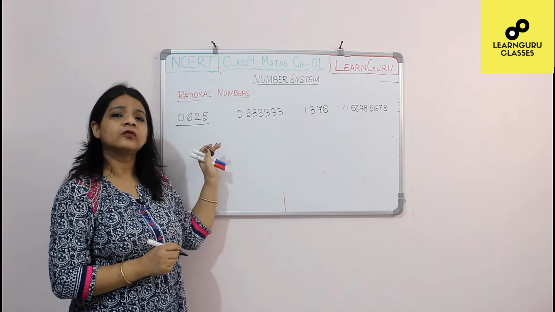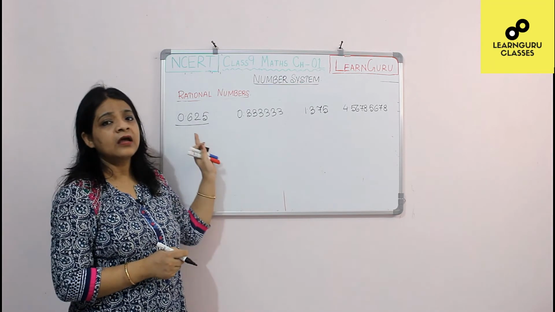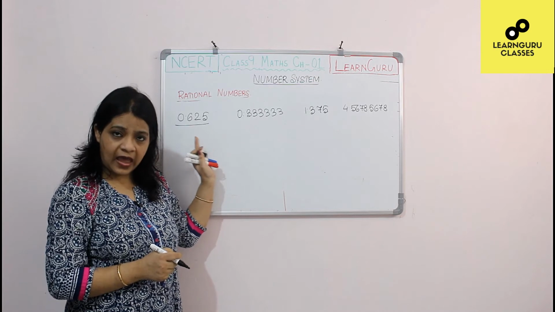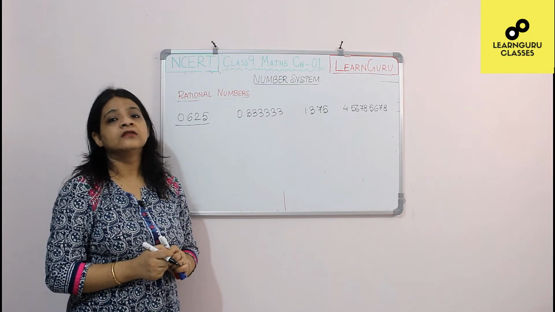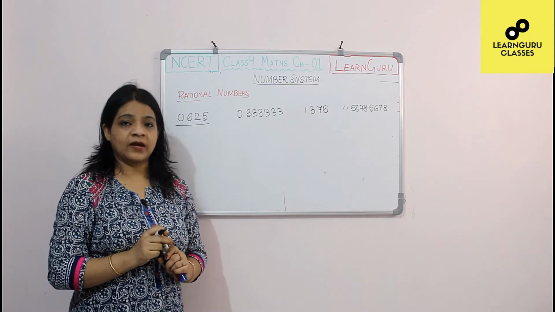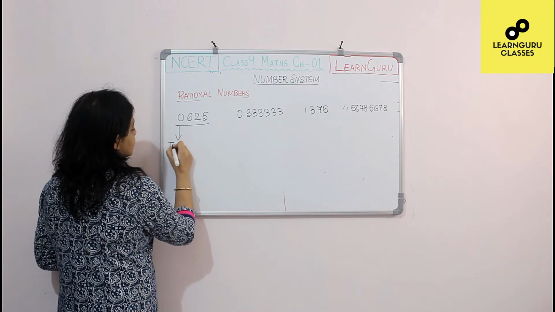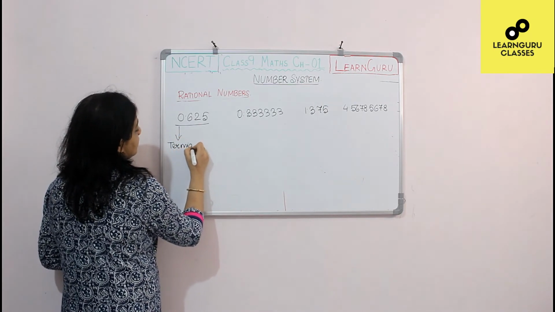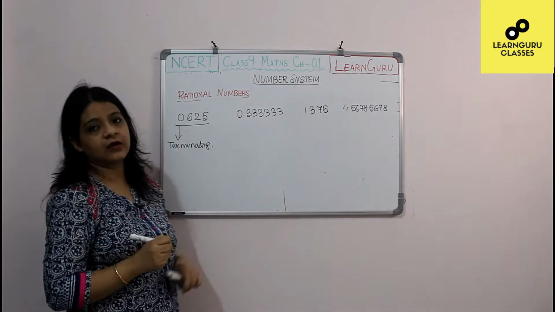From that we can conclude that the remainder has come out to be 0 and the division has ended, terminated, and you are getting 0.625 as the quotient, the decimal expansion. So we can write this as terminating decimal expansion.